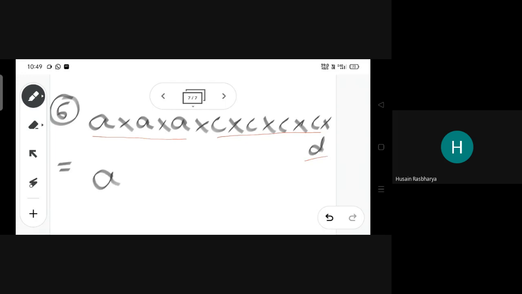How many times A? A to power 3, multiply by C to power 4. And D to power 1. You can simply write D, or you can write D to power 1.